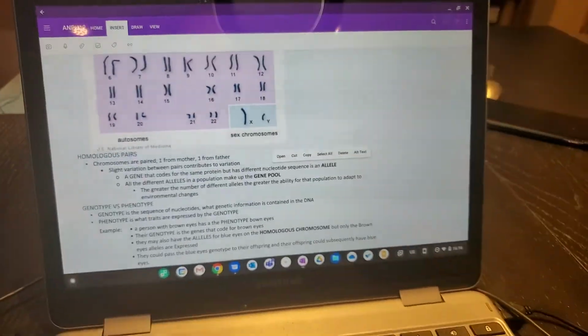Okay. And these alleles, these variations of genes, are beneficial. It's how we evolve, because certain alleles can be beneficial.